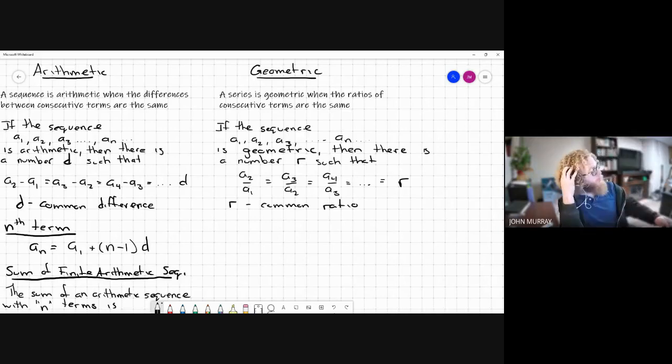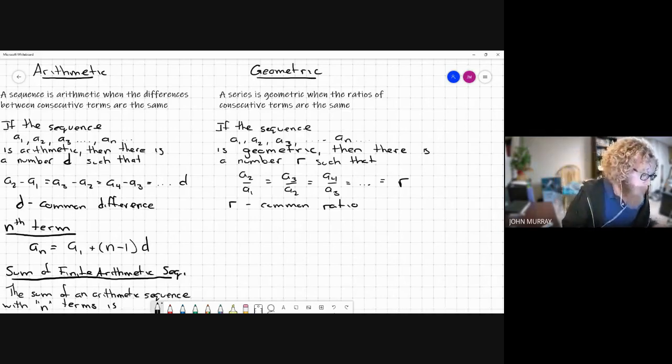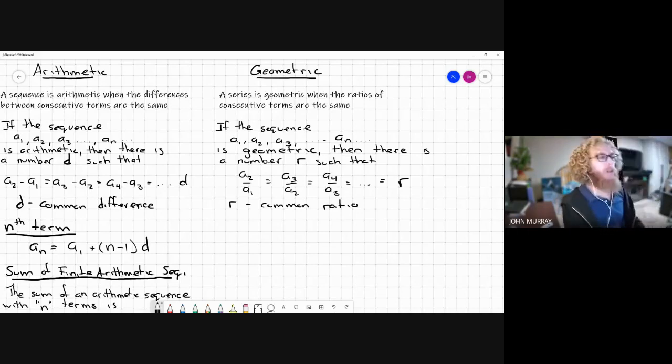So a geometric sequence is similar, but now it has a number r called the common ratio, where we find the next term by multiplying by the common ratio. So arithmetic is adding, or subtracting if you're adding a negative number, and geometric is multiplying, or dividing if you're multiplying by a fraction.